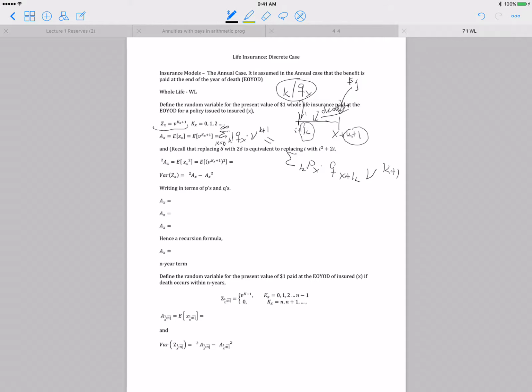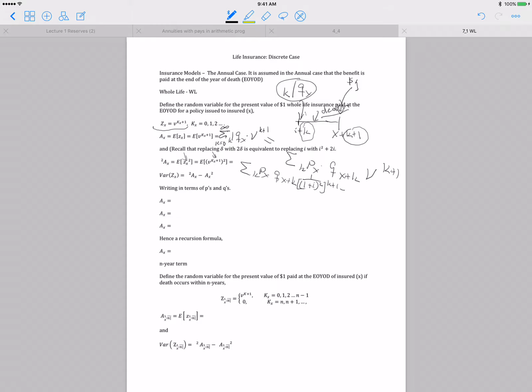Okay, so we take the expected value of the random variable squared, then this is the second moment, and we can use the laws of exponents, and we can write it as follows. See, v squared, if I use annual effective interest, v is 1 over 1 plus i, so if I square it and then raise to the K plus 1 power, this is what that would look like using an annual effective interest rate i.